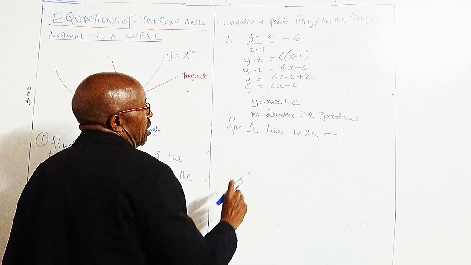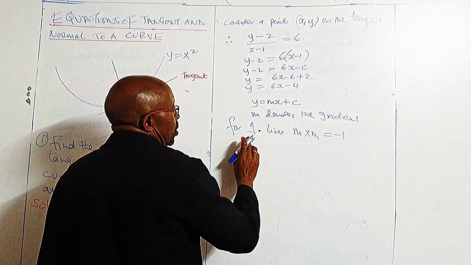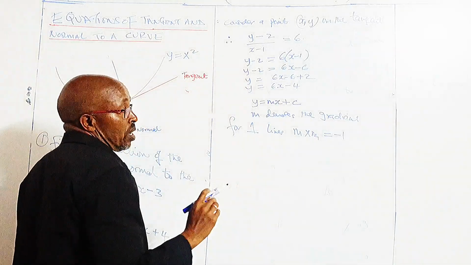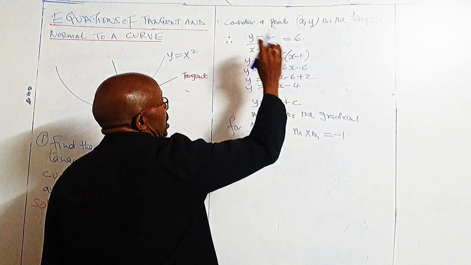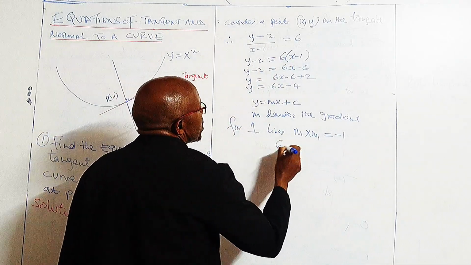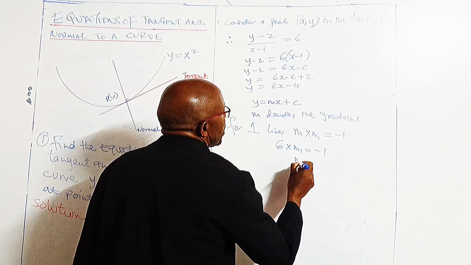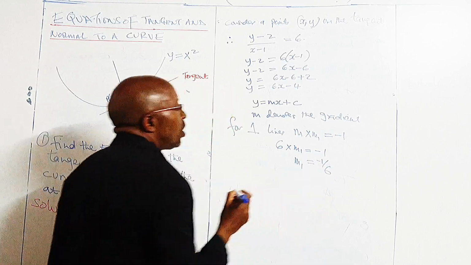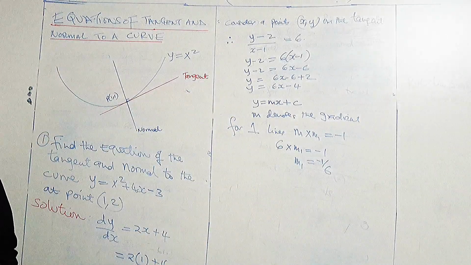In this case, we have the tangent and the normal, which are perpendicular, and therefore the product of the gradients must be equal to -1. We have the gradient of the tangent as 6. Therefore, 6 times m1 must be equal to -1. So the gradient of the normal is equal to -1 all over 6.